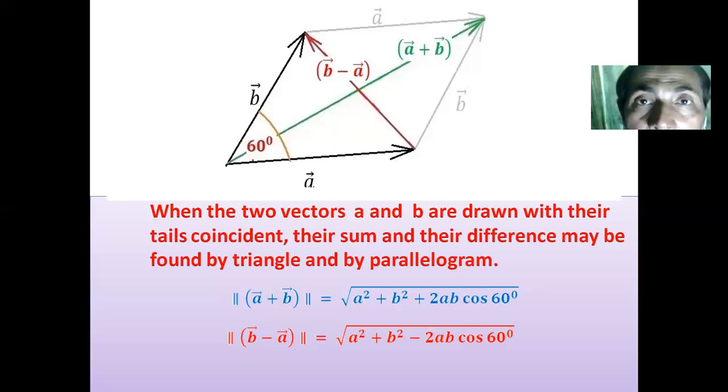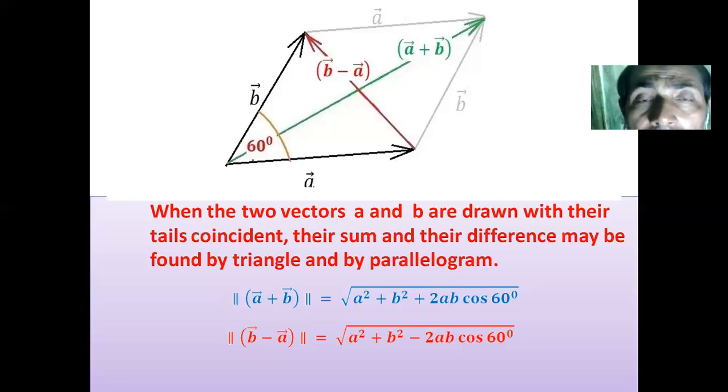Every parallelogram, of course, has two diagonals. In this present figure, the parallelogram has two diagonals. One diagonal is shown in green color and another diagonal is shown in red color.